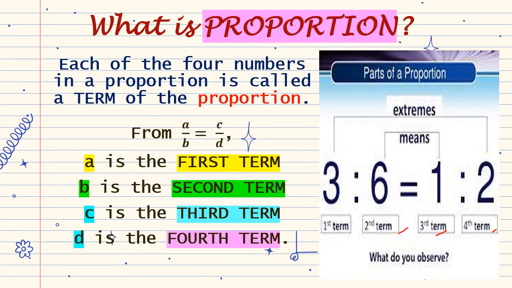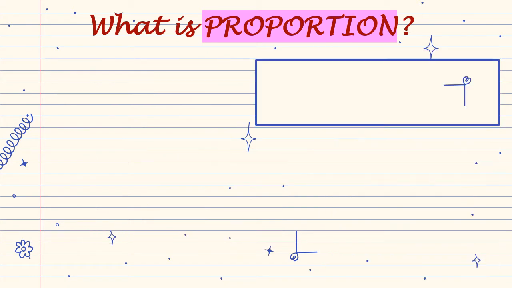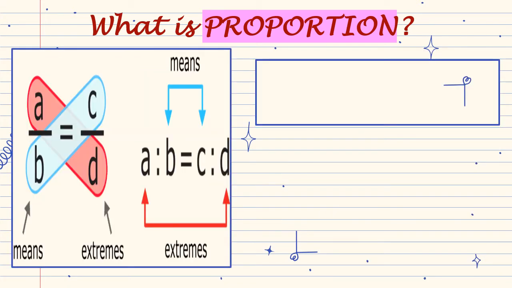And another form is the fraction. A is the first term, B is the second term, C is the third term, and D is the fourth term. So these are the two forms, the fraction form and the ratio form, but they are the same proportion.